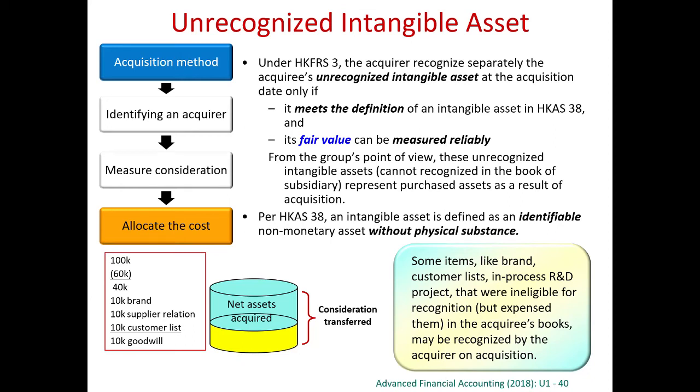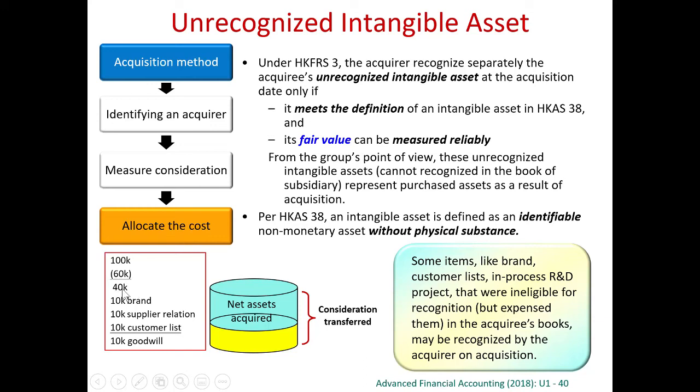Why? For example, if I pay $100 to acquire another business, and I find that the net assets of that business that they have recognized in their financial statements is only $60. If that is the case, goodwill is what I pay minus what I get.